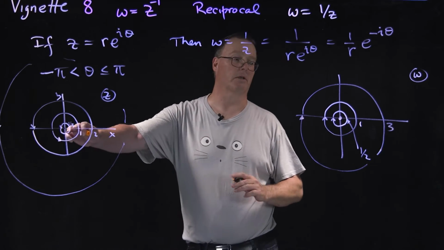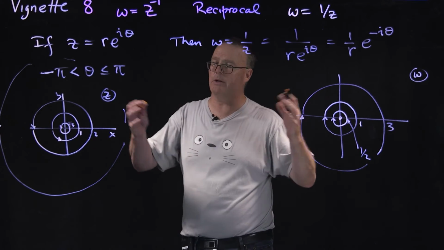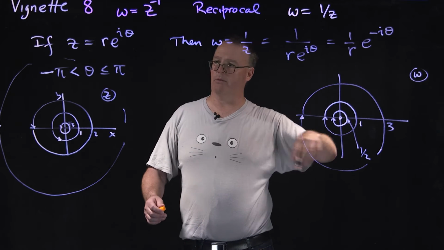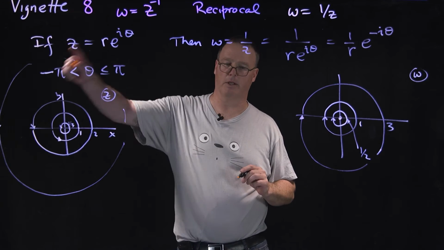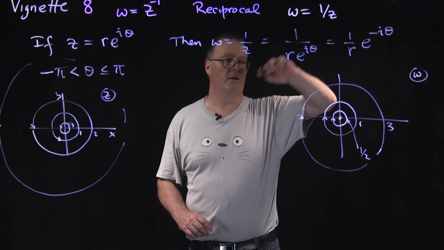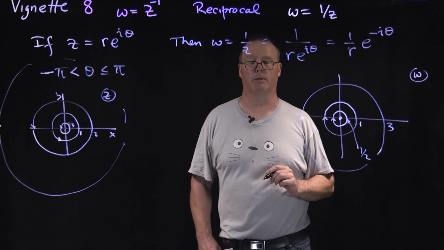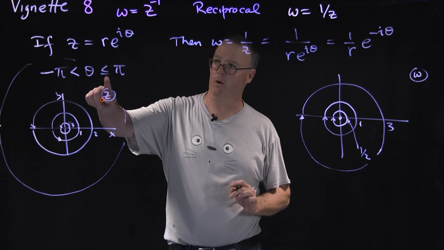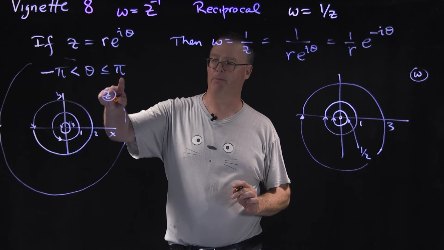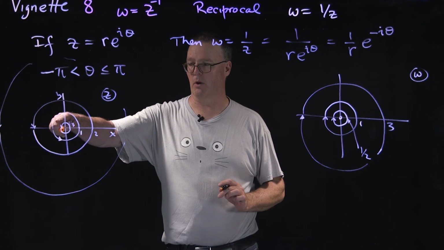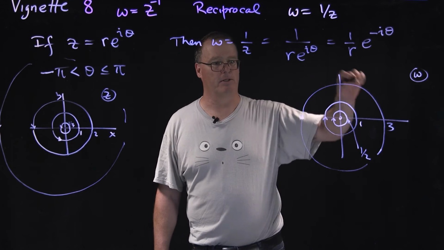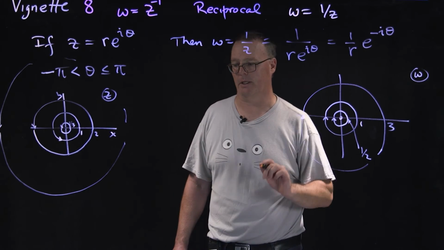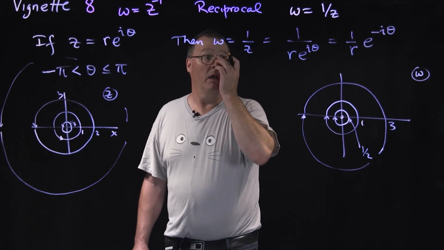So this little circle gets mapped to a big circle over here. Very straightforward, but the direction has changed. So going this way in the z plane means we're going this way in the w plane. And the fact that we've closed things on the top here means we're closing on the top, but that changes to closing on the bottom here. And as I say, that's going to give us a headache.